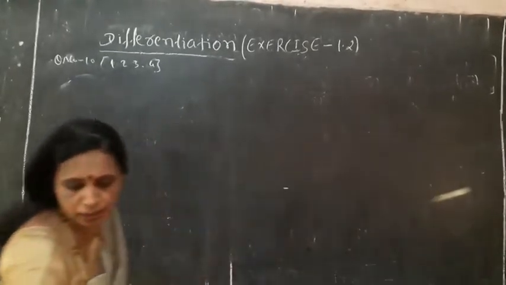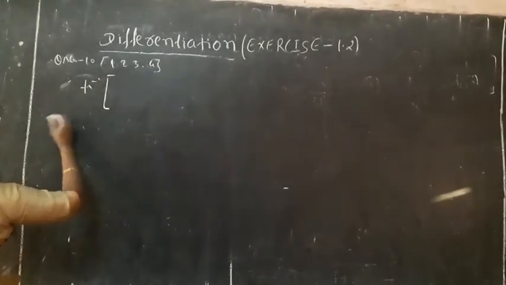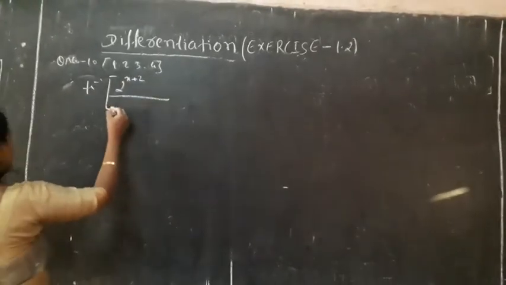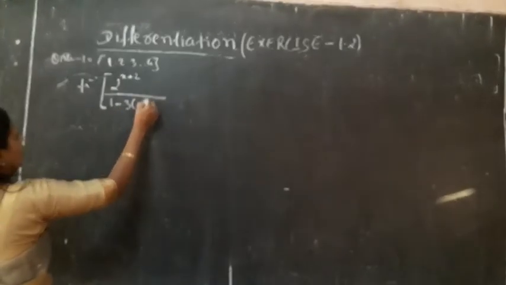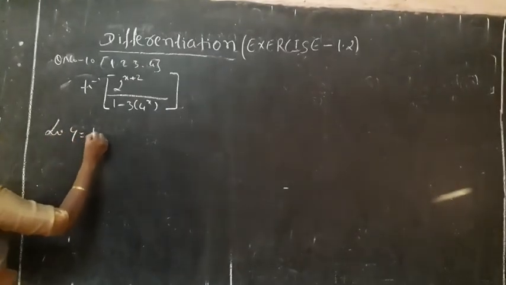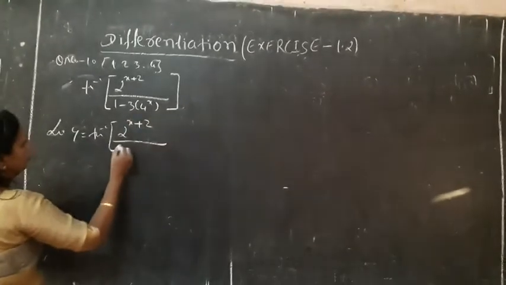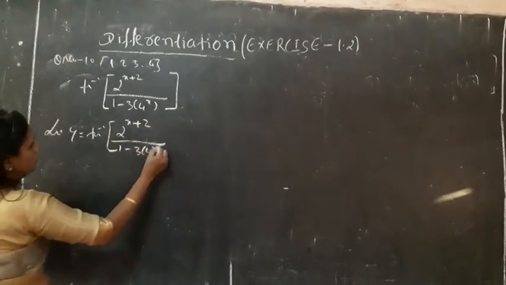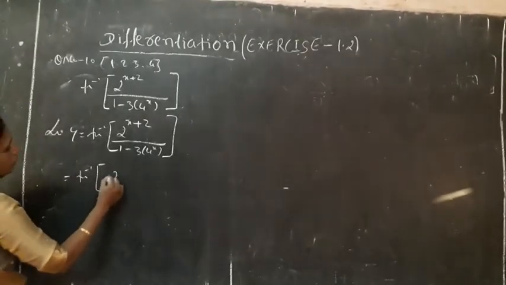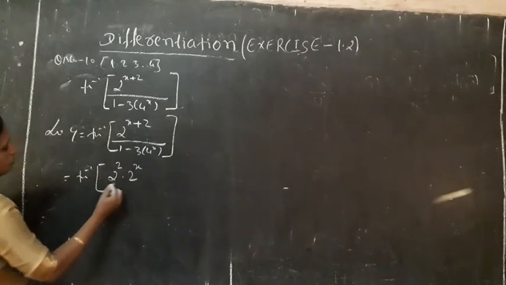Next, consider the fourth example. The fourth example is tan inverse of (2 raised to x plus 2) upon (1 minus 3 into 4 raised to x). First, define the function, y equal to tan inverse of that expression. We can write 4 raised to x as 2 raised to 2x, that is (2 raised to x) square, by the theory of indices.